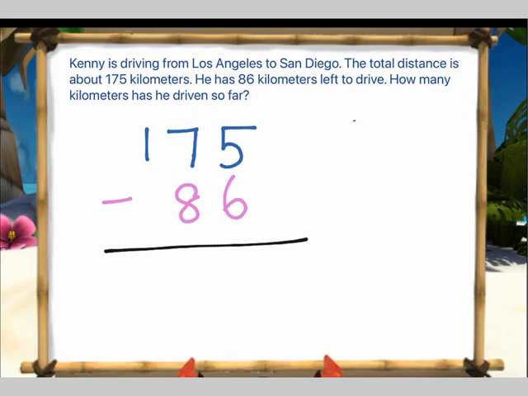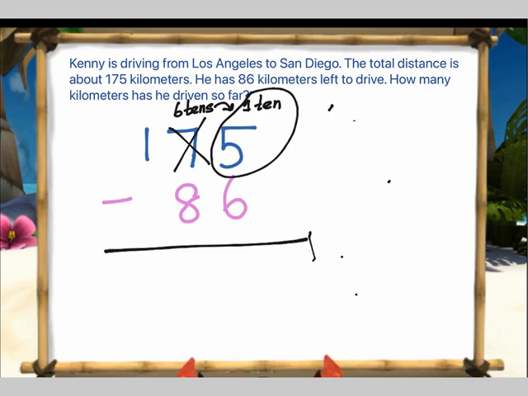So we cannot subtract 6 from 5. So we have to unbundle this 7 tens. When we unbundle 7 tens, it becomes 6 tens. And on this side, we borrow a ten. When we borrow a ten, we have a ten and 5 ones. A ten and 5 ones means the ten has 10 ones in it.